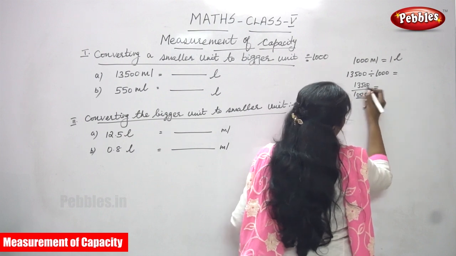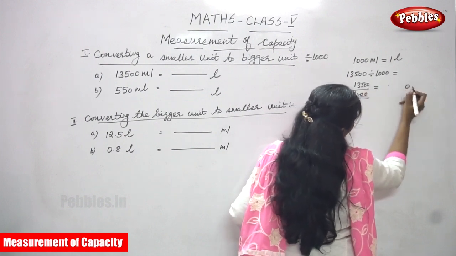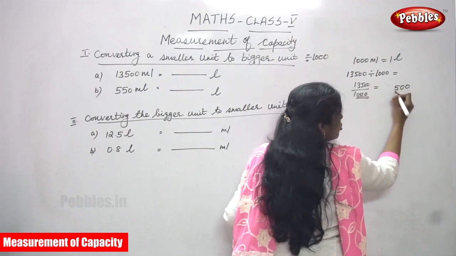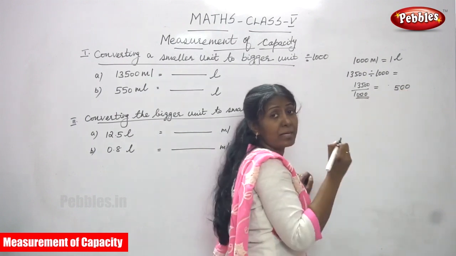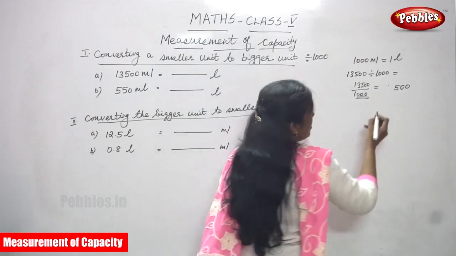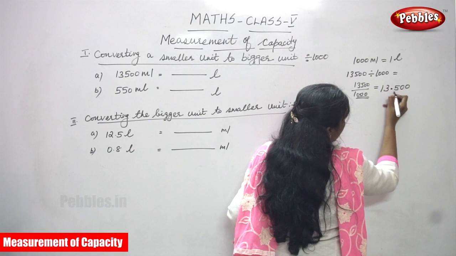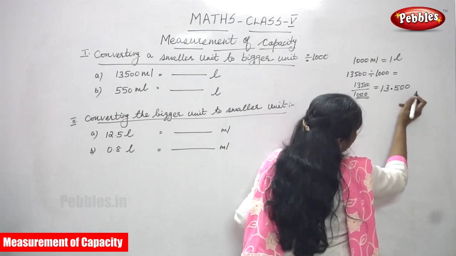So 1, 2, 3, then 0, 0, 5. Move 3 decimal places to the left. Then the point, then 3, then 1. So 13 point, after that 500.